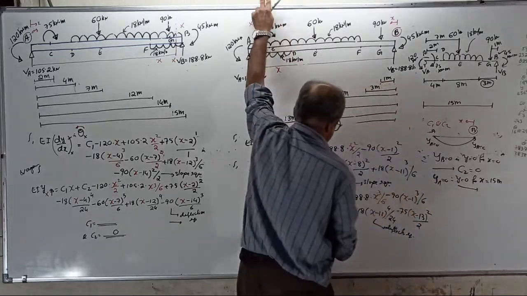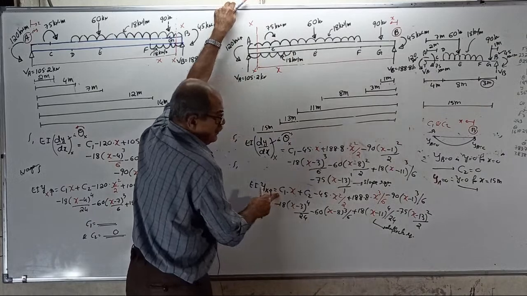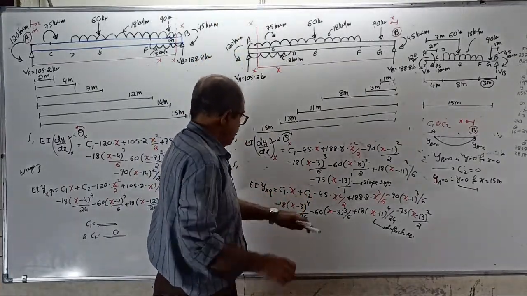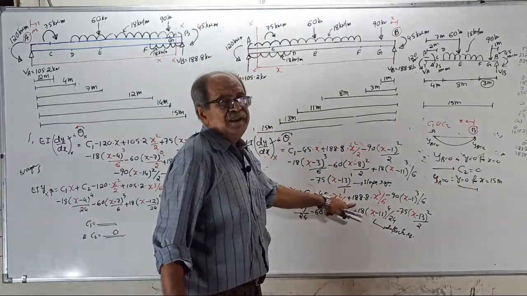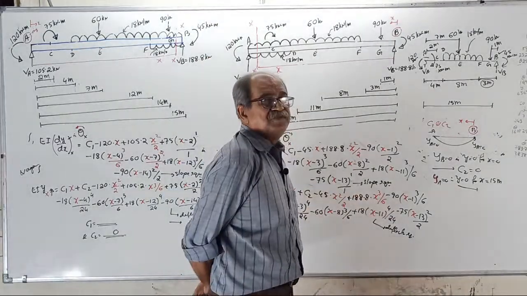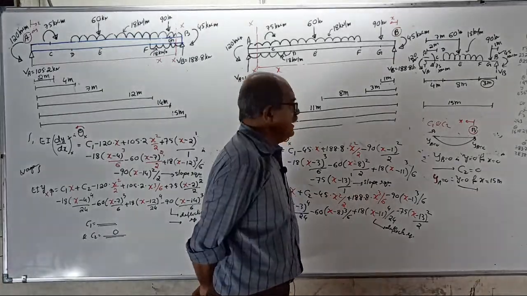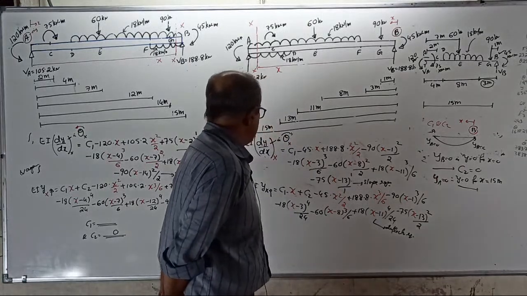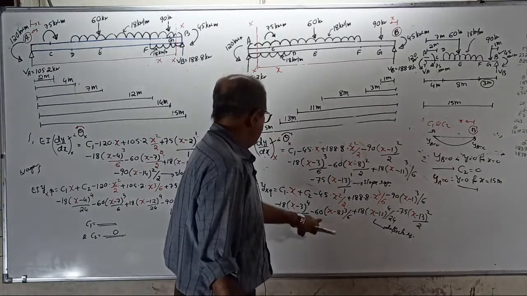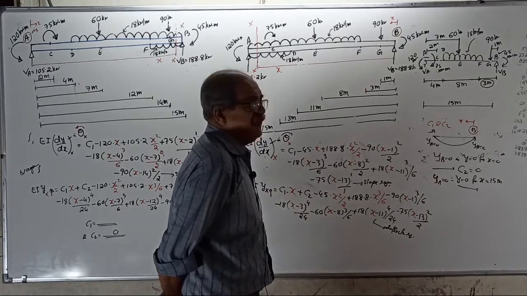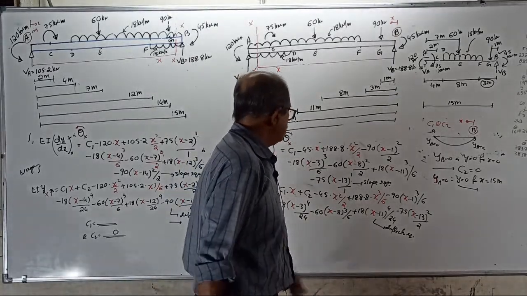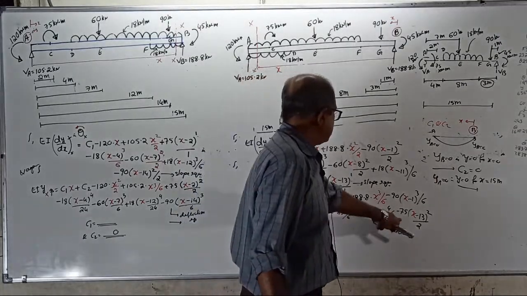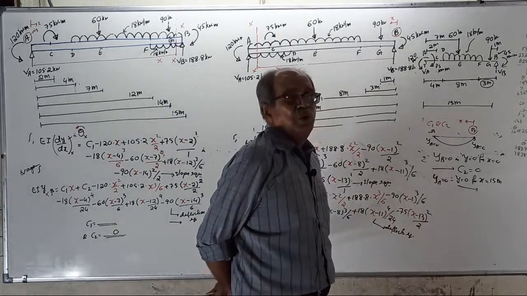In the deflection equation, 0 equal to C1 into 15 plus C2, which is already 0, minus 45 into 15 square by 2 plus 188.8 into 15 cube by 6 minus 90 into (15 minus 1) plus 14 cube by 6 minus 18 into (15 minus 3) power 4 by 24 minus 16 into (15 minus 8) cube by 6 plus 18 into (15 minus 11) power 4 by 24 minus 75 into (15 minus 13) cube by 6.